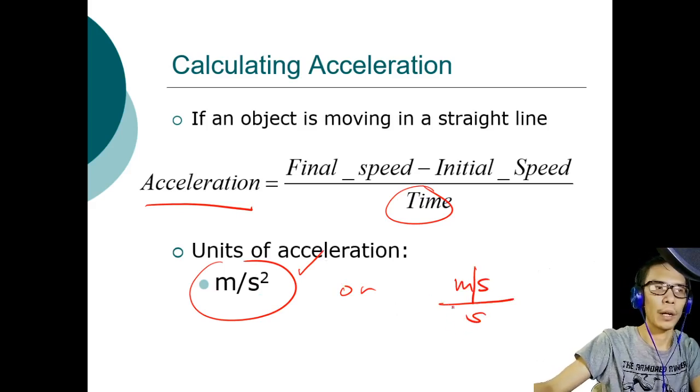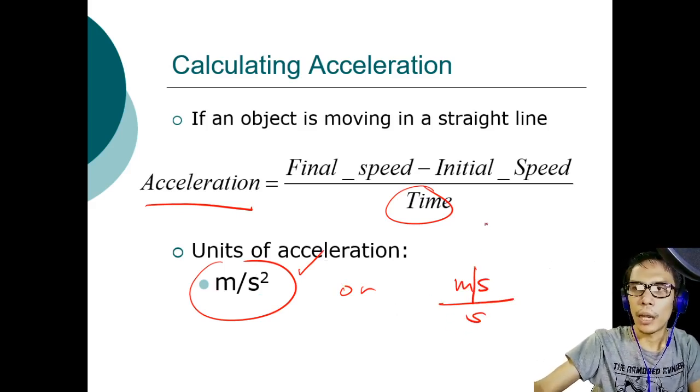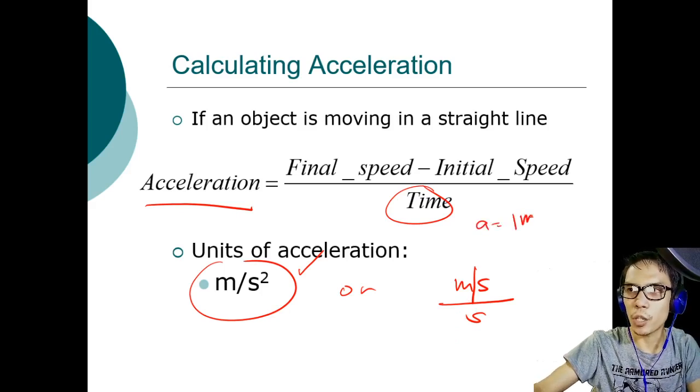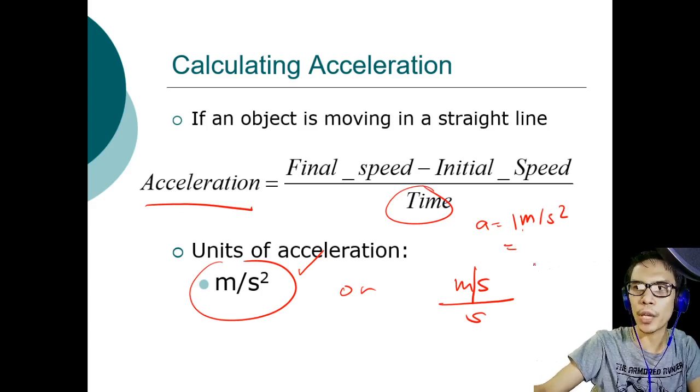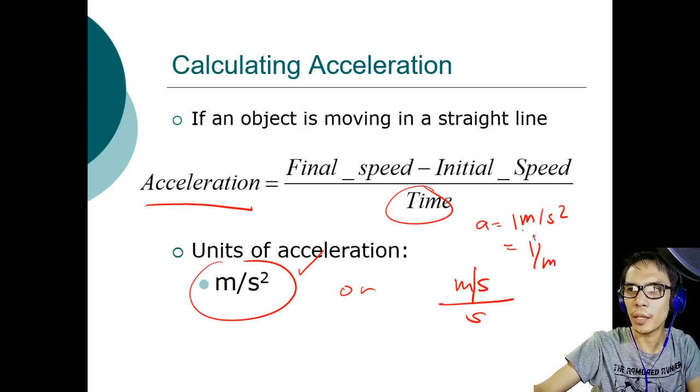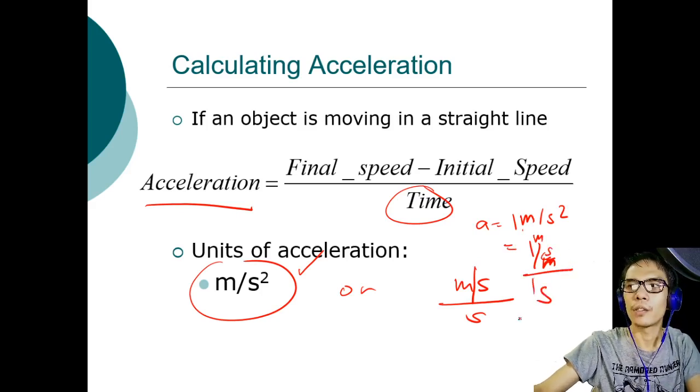So what does it mean? An object with an acceleration of 1 meter per second squared means that the object is increasing its speed at 1 meter per second, per second.